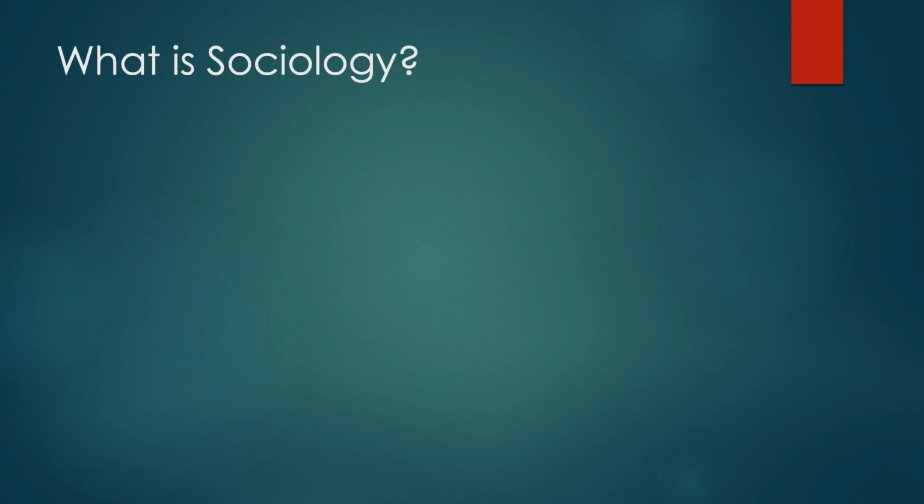So, to begin with, we want to think about what sociology is as a subject, and hopefully you've got an idea from what you have started to do in your bridging work and from the sixth form open evening that you may or may not have attended.